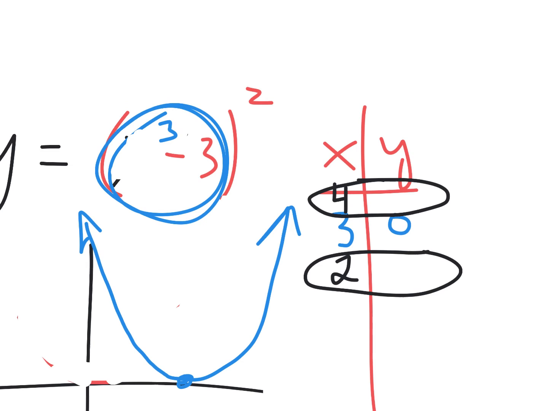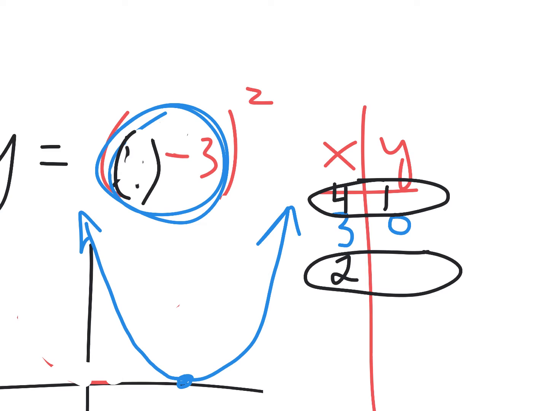My x is like an empty parenthesis. And I'm putting in 4, for example. So then that's 4 minus 3 is 1, and then 1 squared is 1. Who knew that it was 4, 1? Raise your hand if you had that one right. Okay, awesome. And then you put in 2.